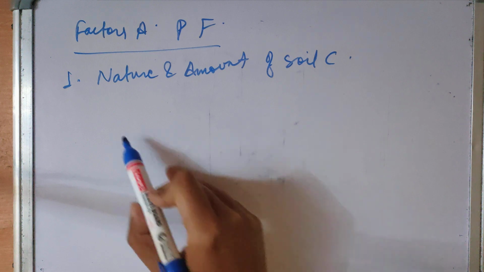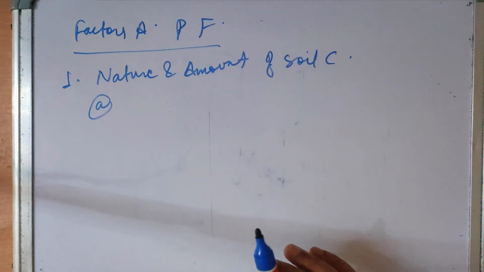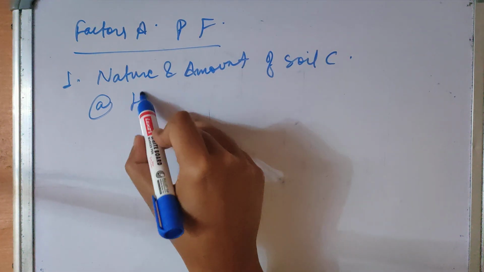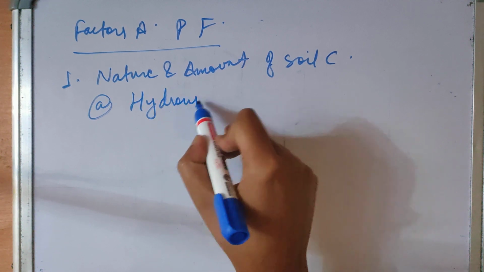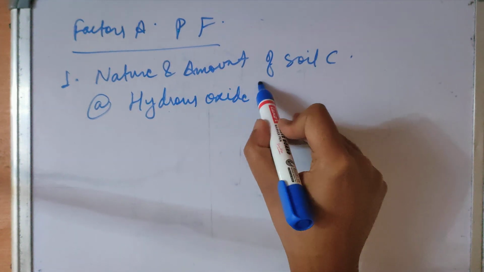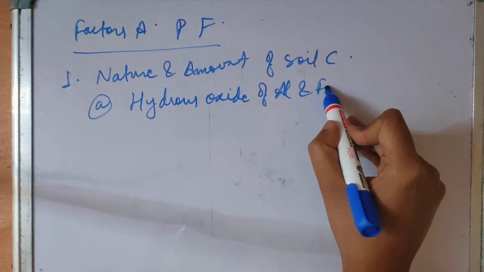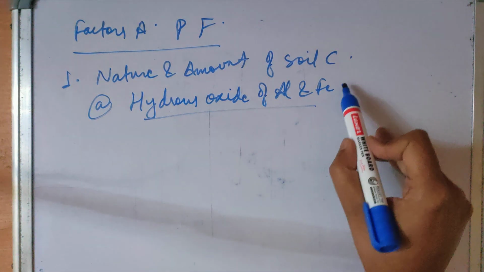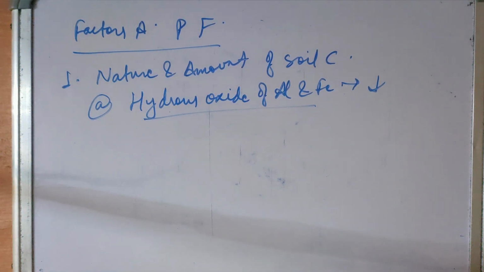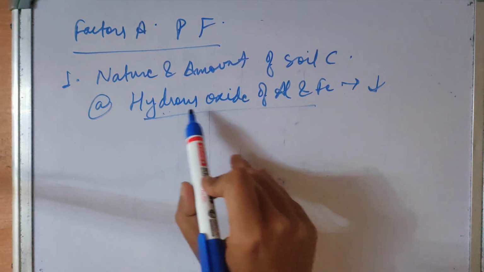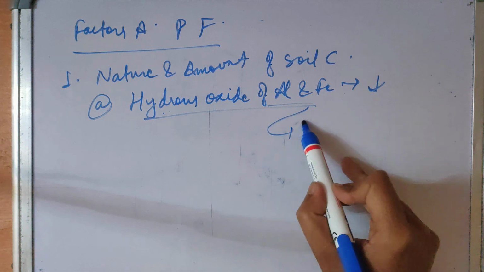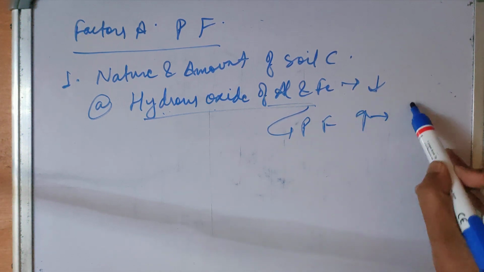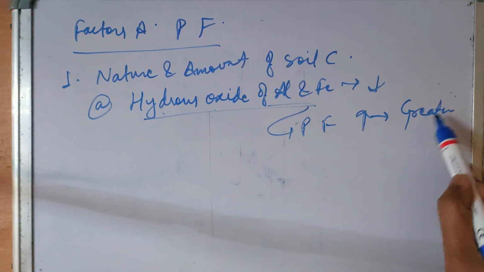Hydrous oxides of Al and Fe: when hydrous oxides of aluminum and iron are less, then phosphorus fixation capacity is more, due to greater surface area.